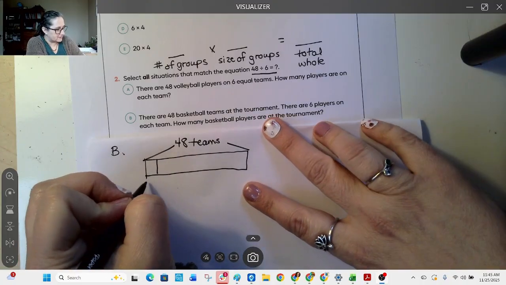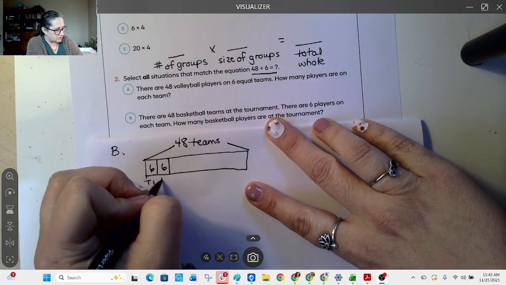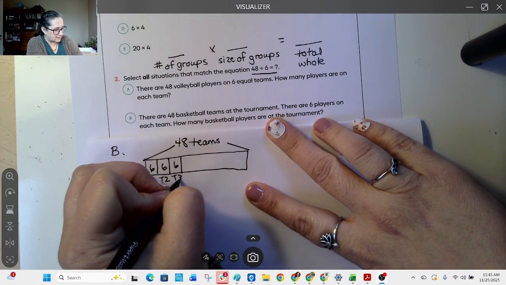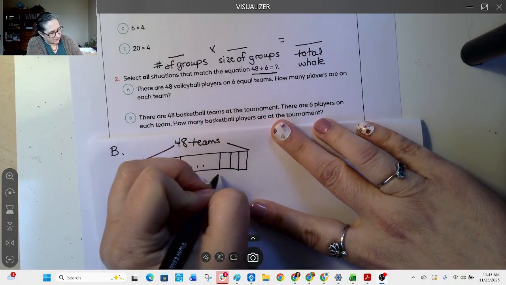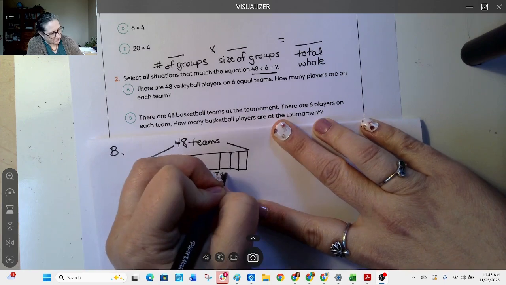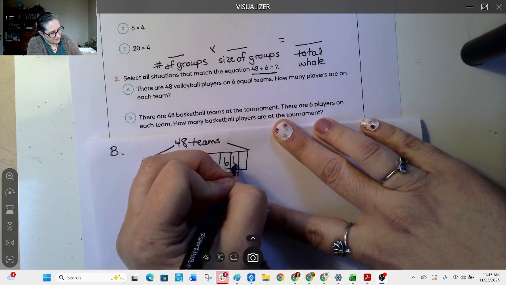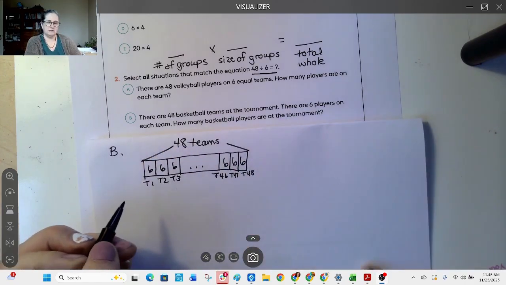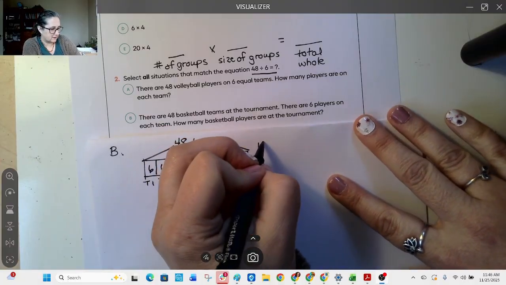So we know if this is team 1, there's 6 players. And this is team 2, there's 6 players. And this is team 3, 6 players. And we go all the way up, and we can have team 46 has 6 players, team 47 has 6 players, and team 48 has 6 players. And the question is, how many players are at the tournament?